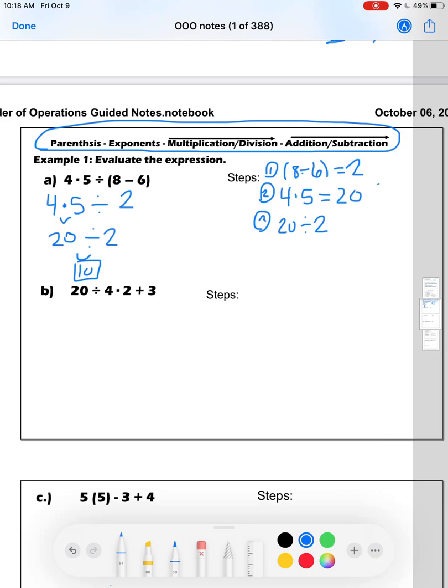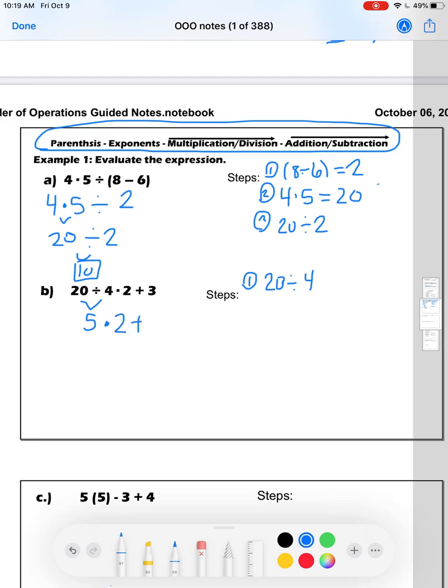Next problem, we have 20 divided by 4 times 2 plus 3. So step number 1, there are no parentheses, there are no exponents, so we need to deal with multiplication and division. However, we're doing what comes first from left to right. So division comes first, so that is the step we are taking first. 20 divided by 4 gives me 5.